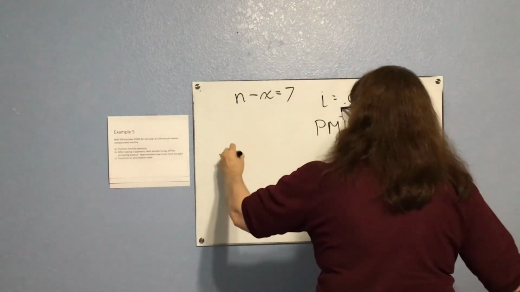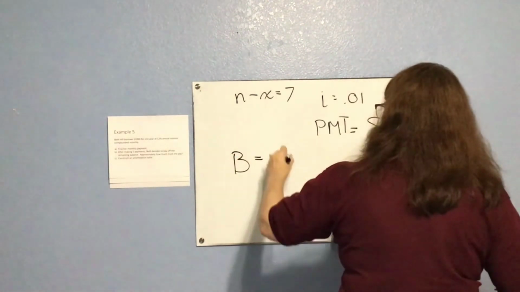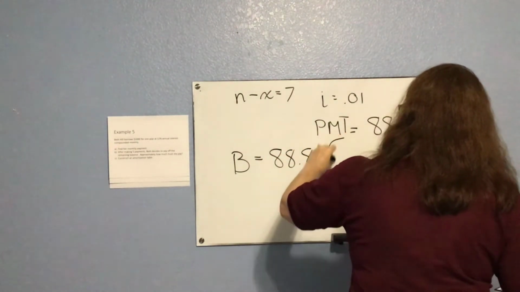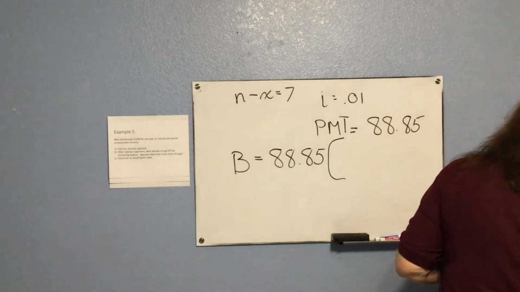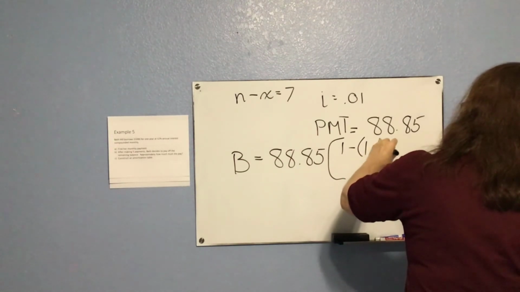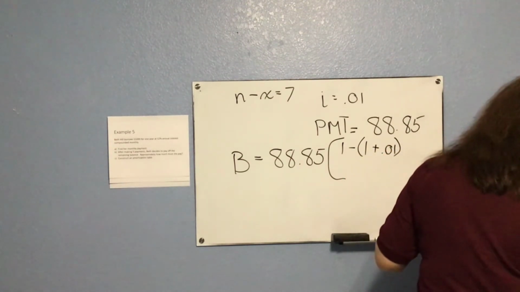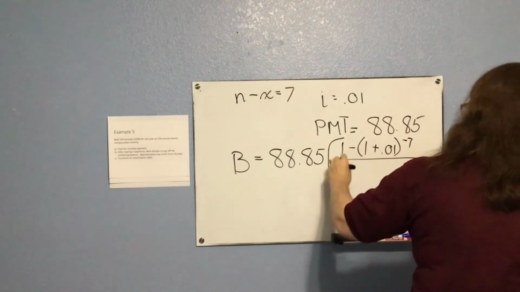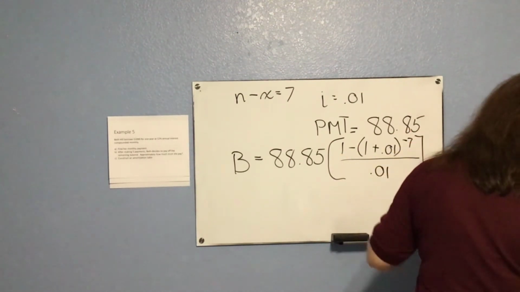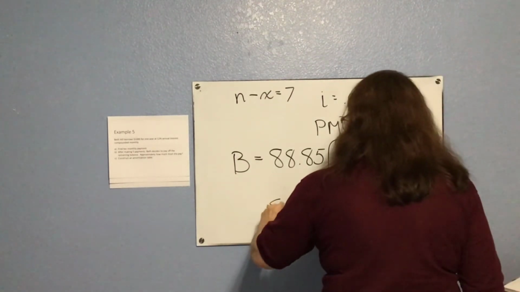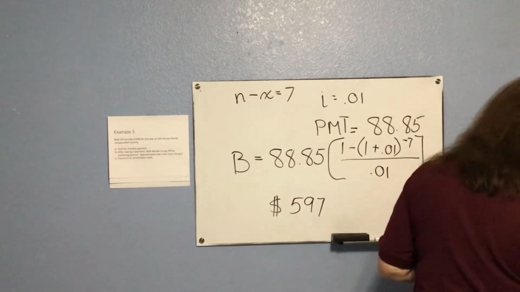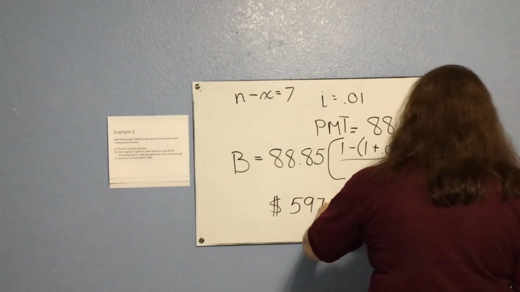So her approximate remaining balance is 88.85 times 1 minus (1 plus 0.01) to the negative 7th power over 0.01, and her payoff amount is $597.80.